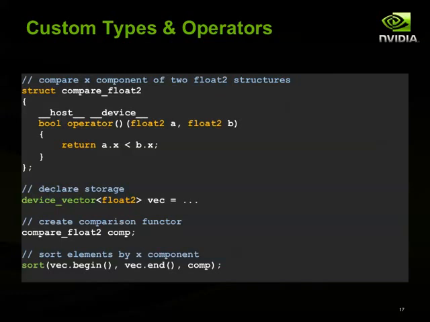Yes? Does the compiler actually optimize and inline all that stuff? So the question is, does the compiler optimize and inline stuff like this? And the answer is yes. And actually, on all the hardware before Fermi, it was forced to inline things because it didn't support function calls. On Fermi, it will inline lots of things. Like this is such a simple thing, it will definitely inline it.